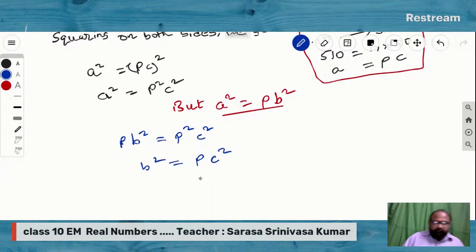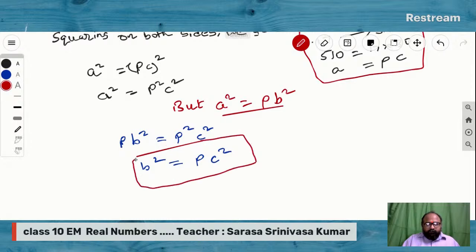From this, now, so this is B square equal to PC square.